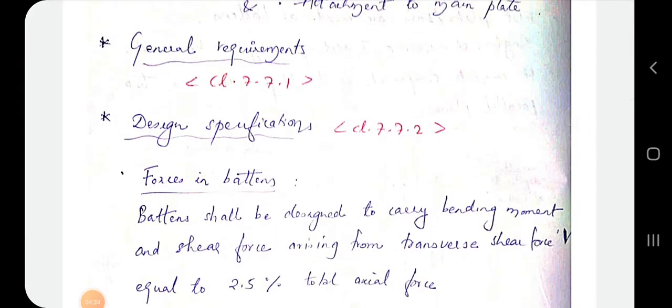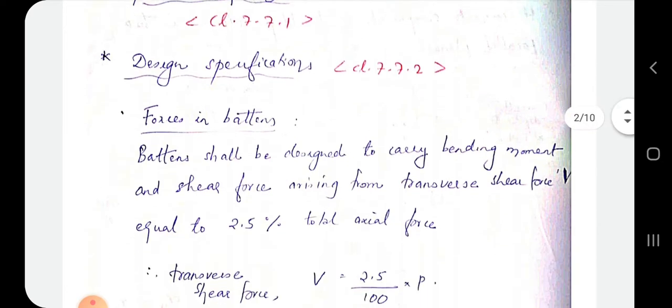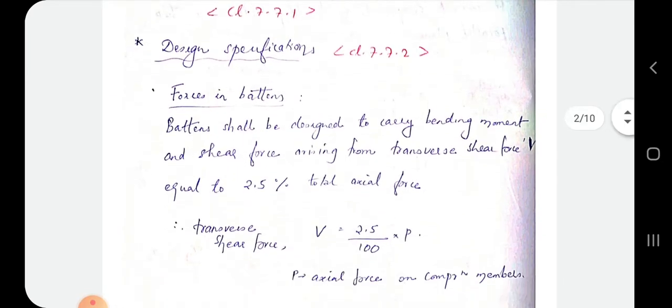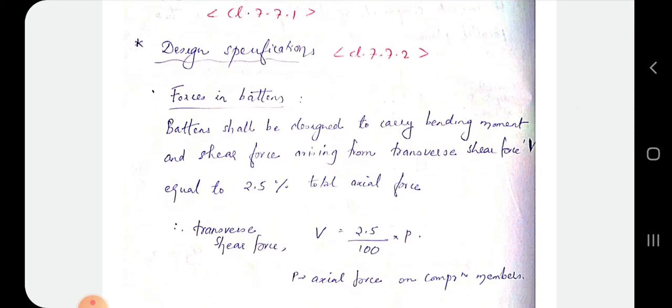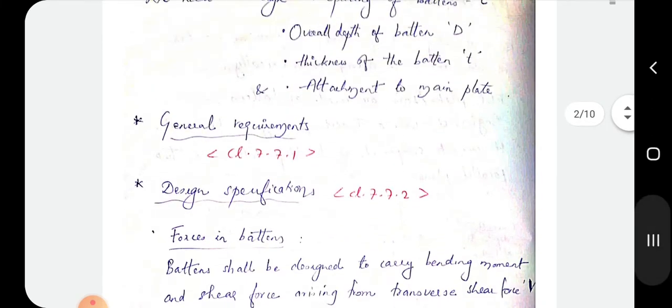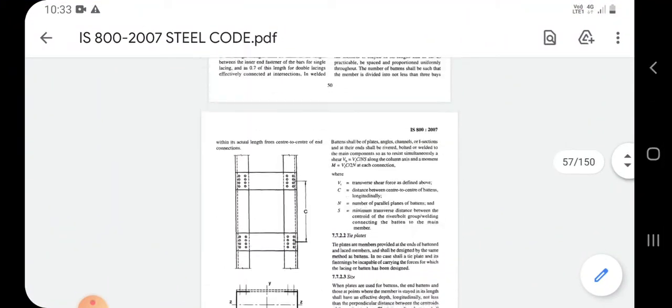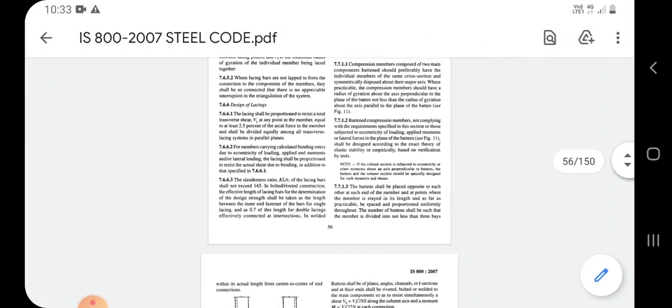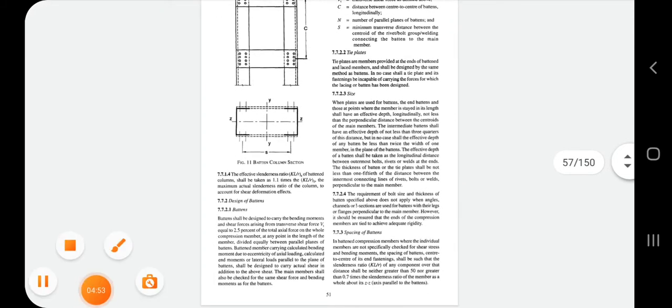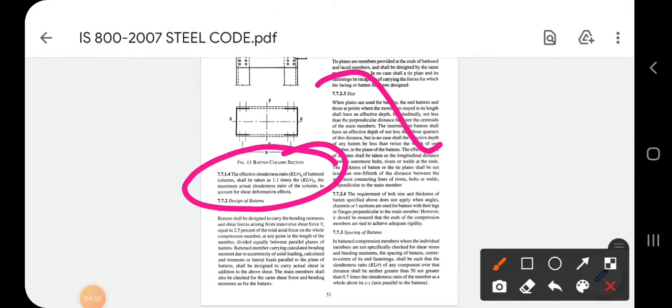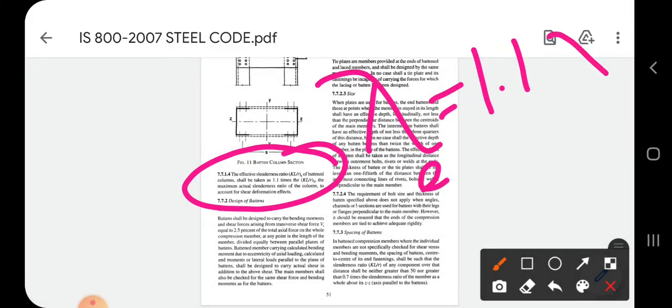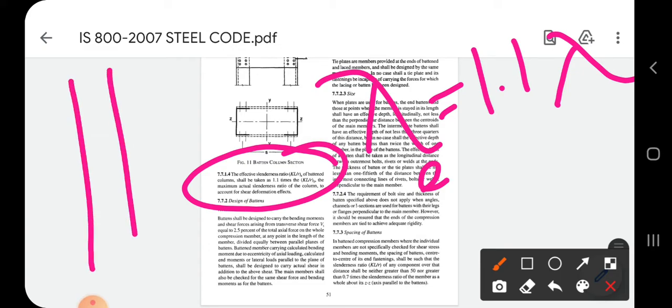The design specifications are more important for doing our problems. In general requirements, the main thing that is discussed is the effective slenderness ratio. The effective slenderness ratio of a battened column is equal to 1.1 times the actual slenderness ratio. We are discussing columns, and a column will have a slenderness ratio.